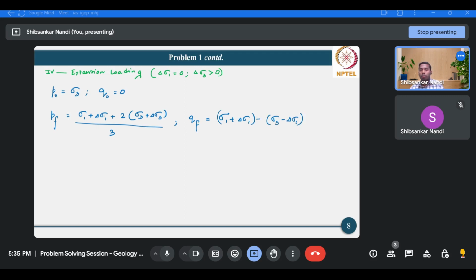Delta sigma 1 is 0, so PF will be sigma 1 plus 2 sigma 3 by 3 plus 2 by 3 delta sigma 3, and QF will be sigma 1 minus sigma 3 minus delta sigma 3.